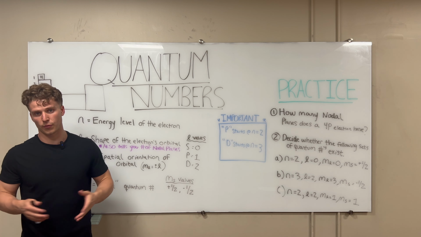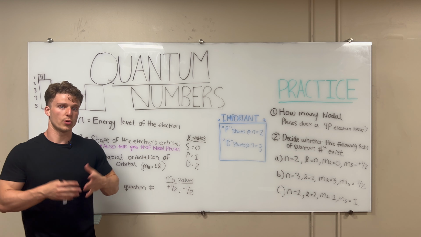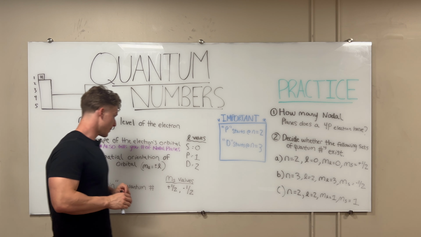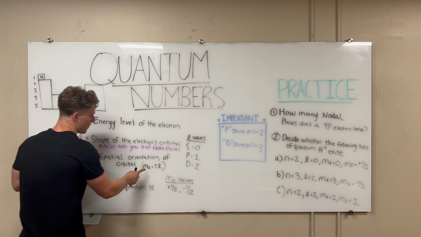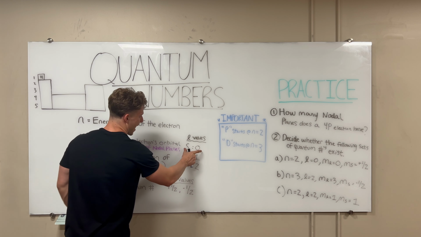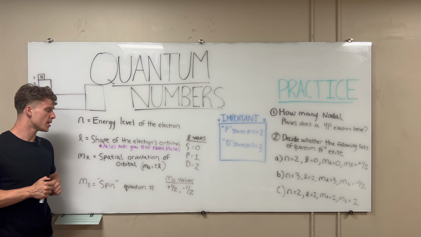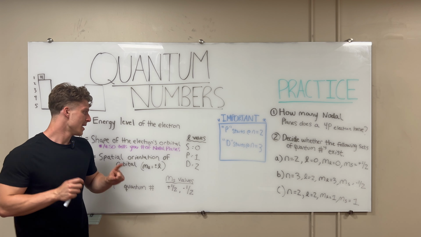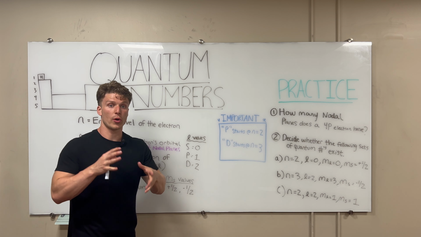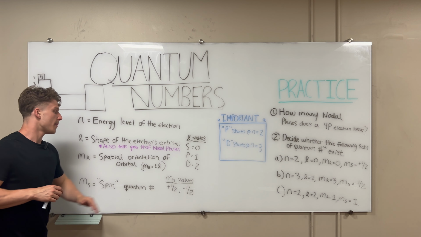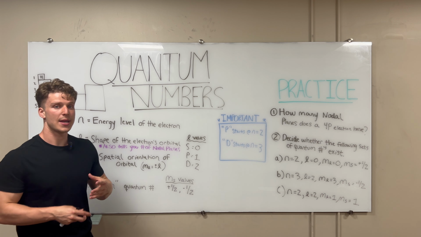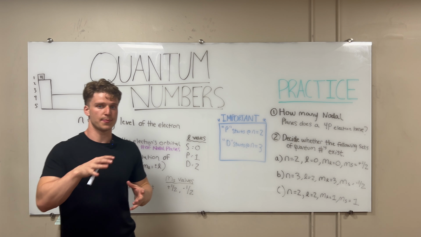So we can technically go from positive 0 to negative 0, which doesn't really exist. So we know that the only possible M sub L value for an s electron is 0. That's because there is only one way that an s electron can be oriented in space. So this M sub L value tells us how many different ways you can arrange that orbital in space.